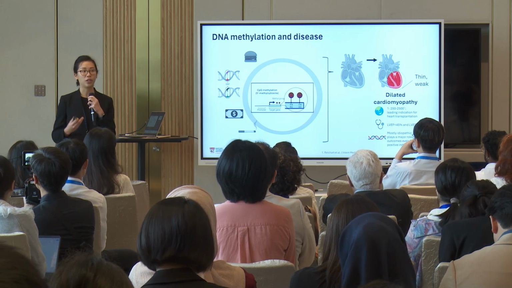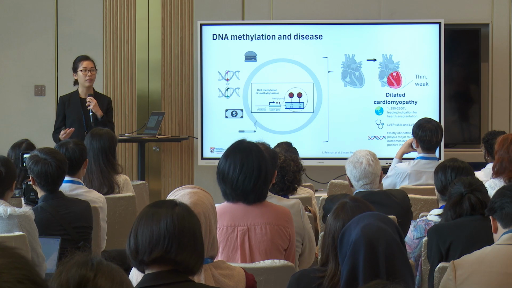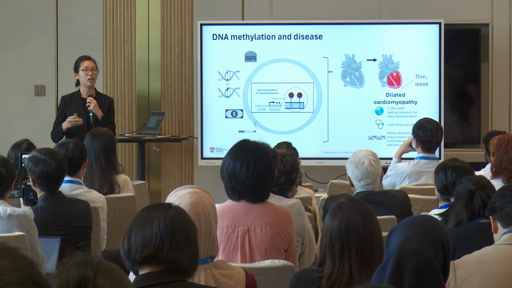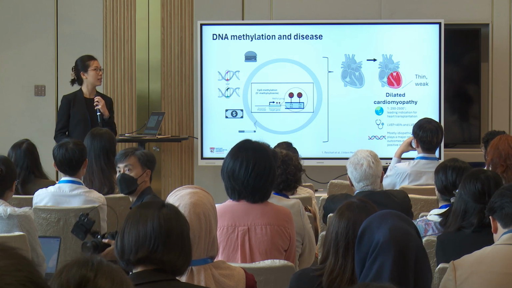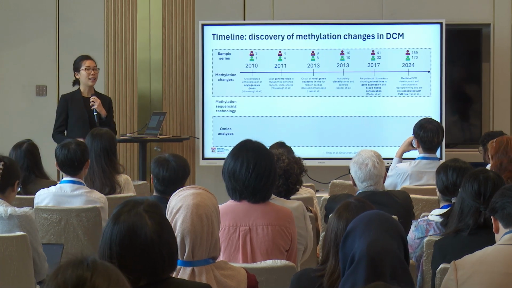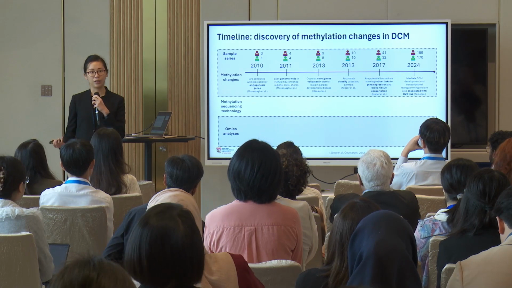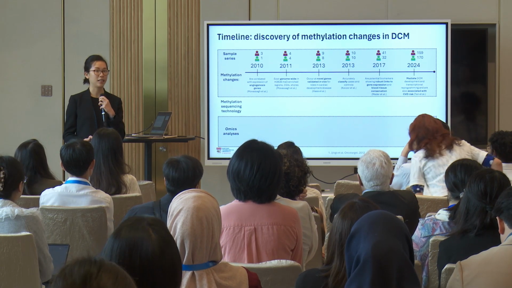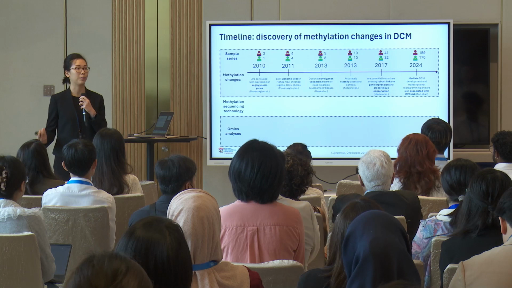So even for genotype positive patients, they can vary a lot in how the disease manifests. So this has led researchers to explore DNA methylation as a different avenue for probing the pathogenesis of dilated cardiomyopathy.